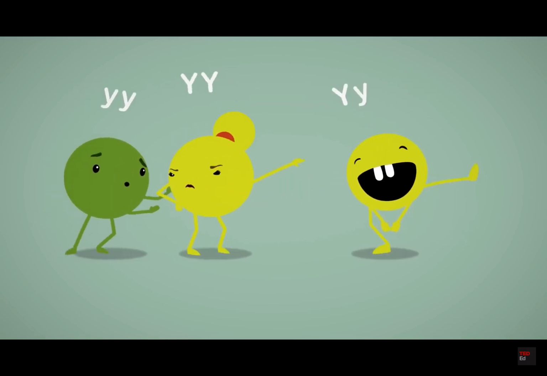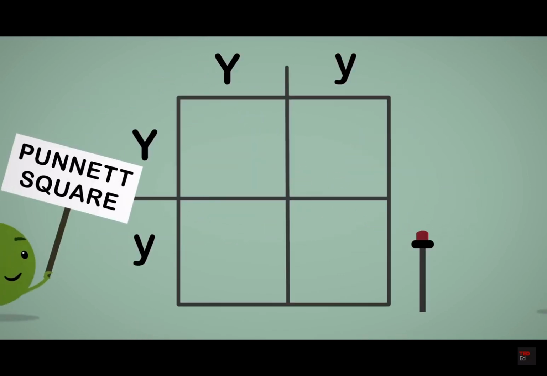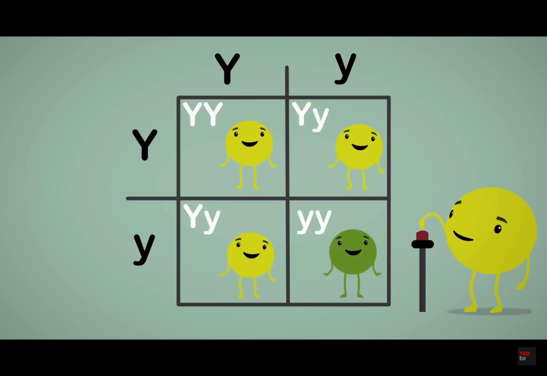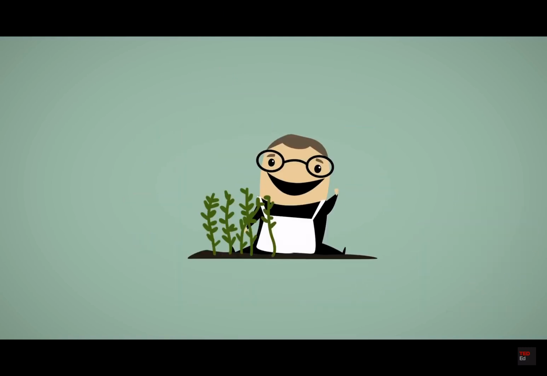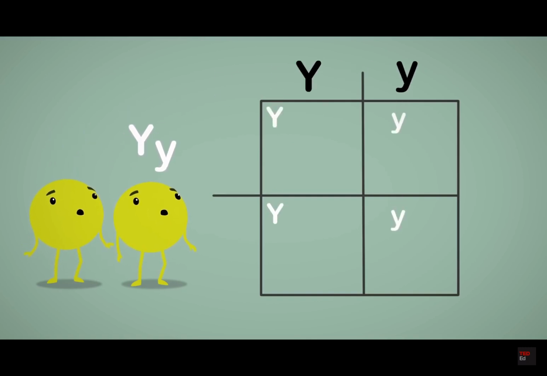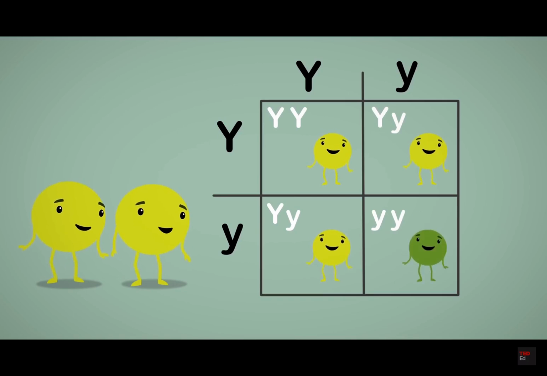To clearly visualize how alleles are distributed amongst descendants, we can use a diagram called the Punnett square. You just place the different alleles on both axes, and then you figure out the possible combinations. Let's look at Mendel's peas, for example. Let's write the dominant yellow allele as an uppercase Y, and the recessive green allele as a lowercase y. The uppercase y always overpowers its lowercase friend, so the only time you get green babies is if you have two lowercase y's.